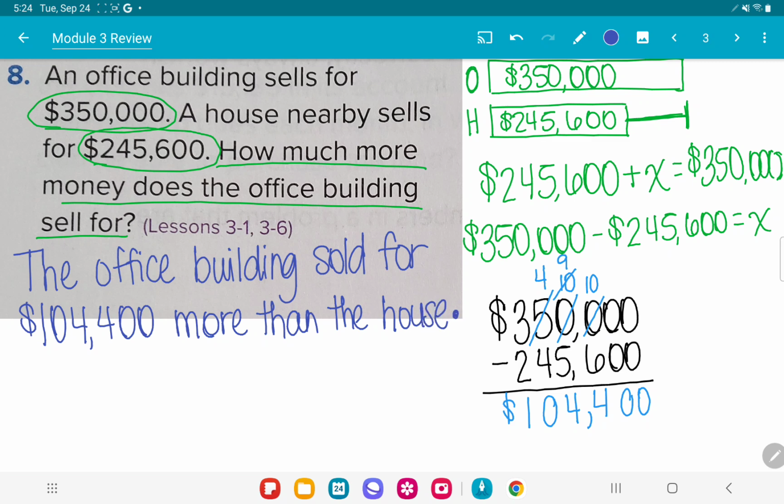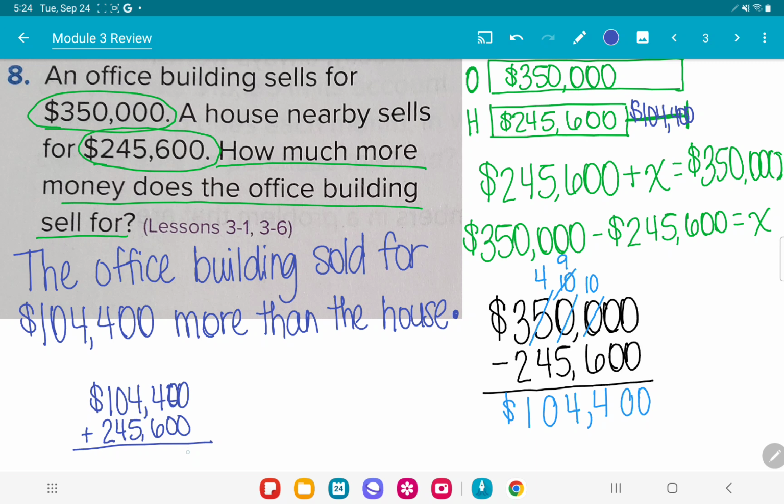And I can always check my work by taking this amount here, 104,400. That's the amount that we found to be the difference in the two costs. I can add it to the cost of the house, 245,600.